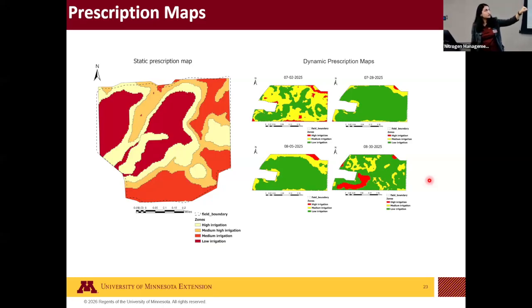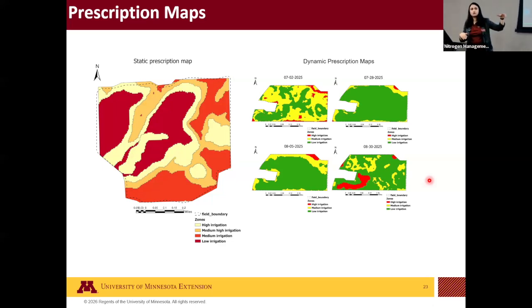But in dynamic prescription maps, which is a newer, or I would say still under research, technology, you change your prescription map over time. So you see the same field but different dates. We change that prescription map based on the remote sensing image. So we collect the remote sensing data, and we create management zones every time we need to irrigate, and those zones change based on your crop growth.